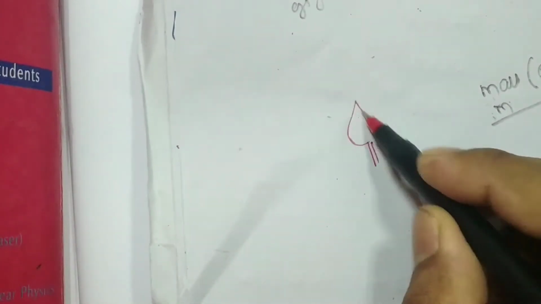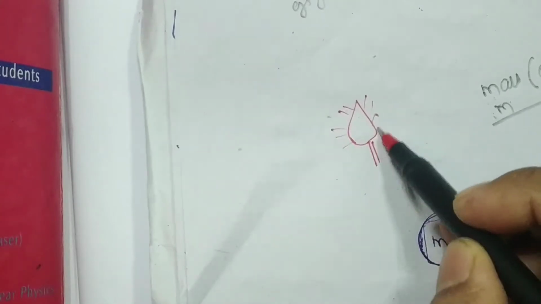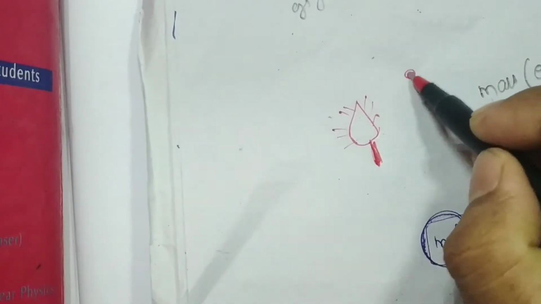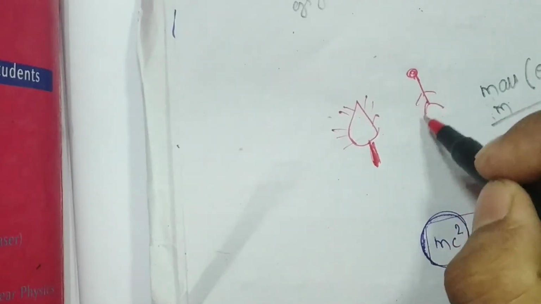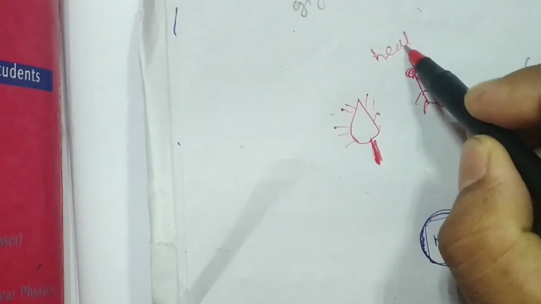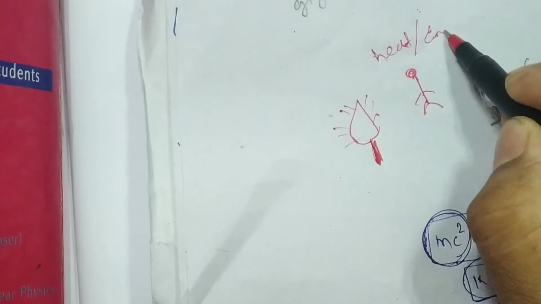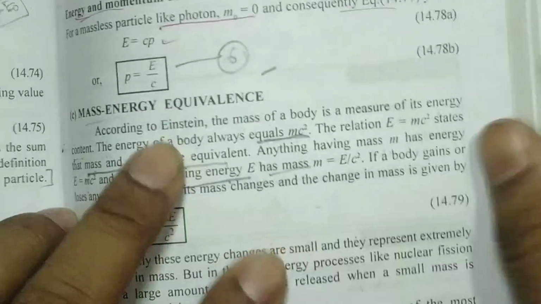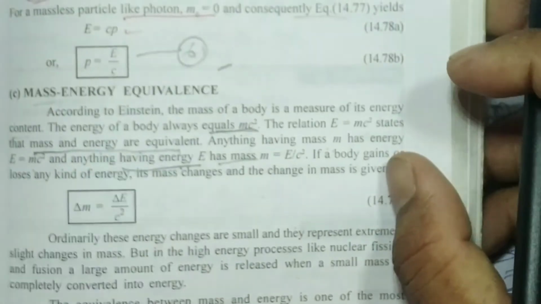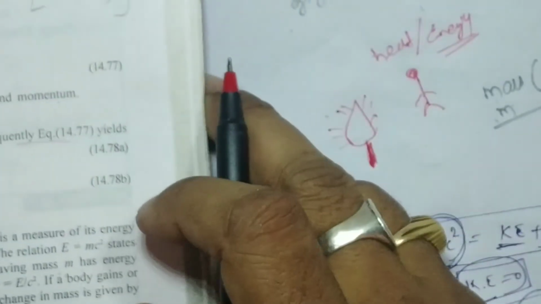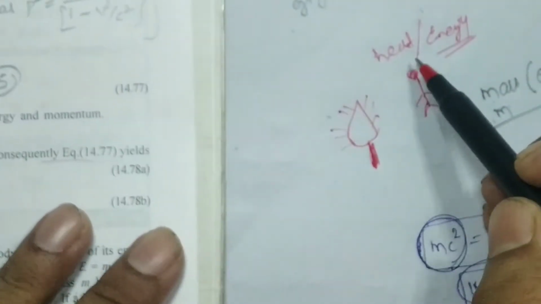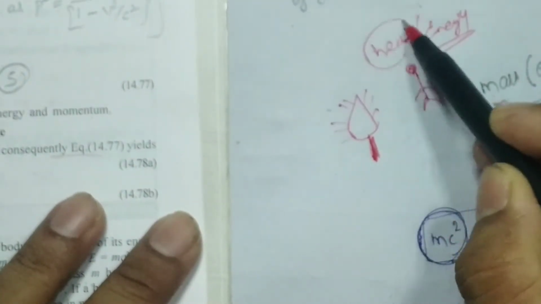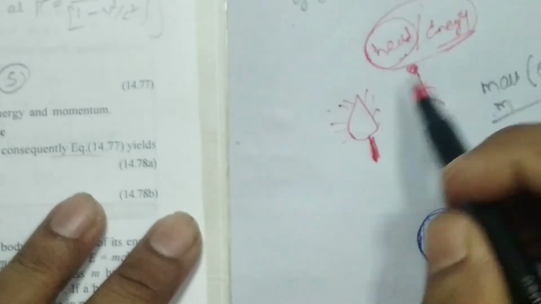Suppose this is a candle or a stove burning here, and you are standing nearby and you feel some heat, or you got some energy. According to Einstein's theory, you can also convert the heat energy that you got into mass.